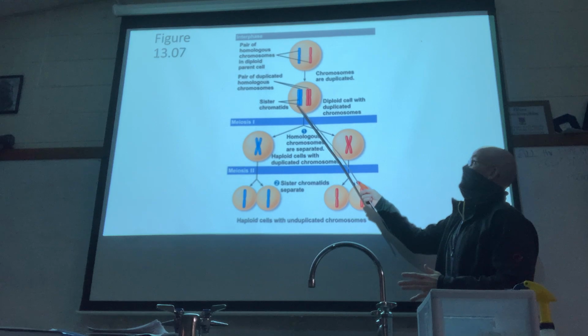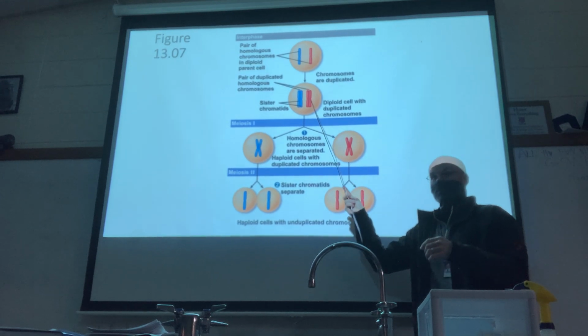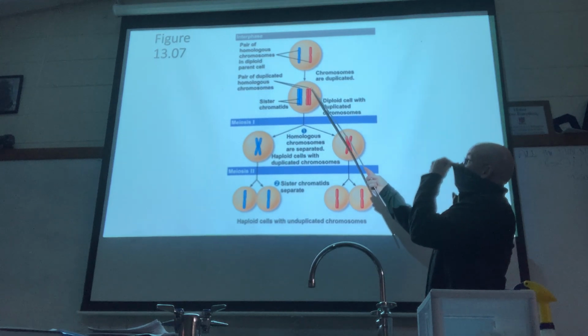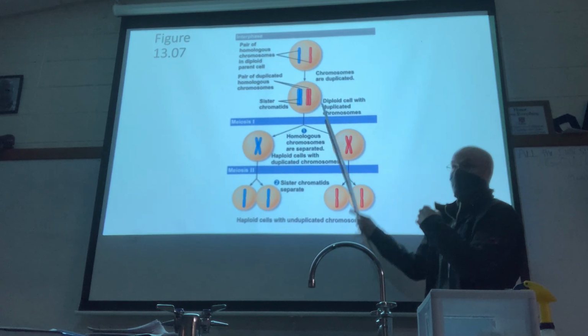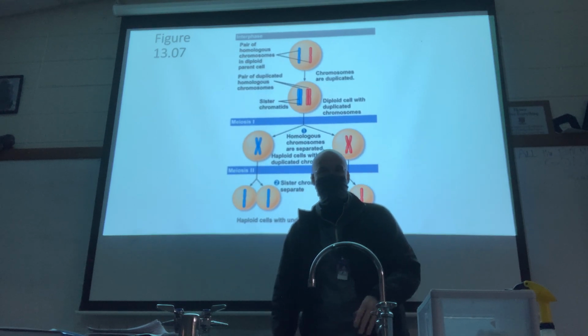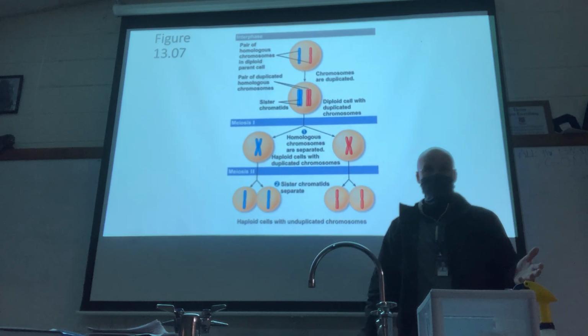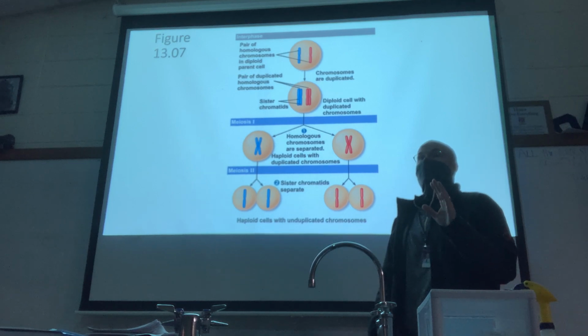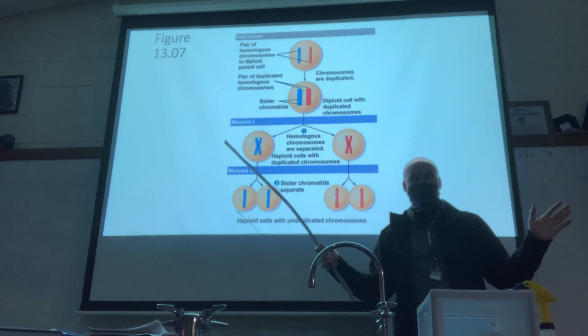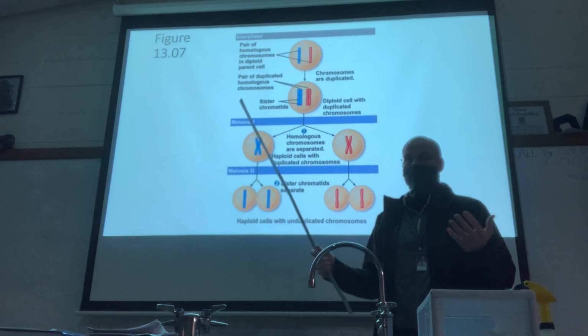But they have a matching chromosome that your other parent gave you, and that matching chromosome will also copy itself so that you have 2 sister chromatids for that chromosome. And that would be the case for all 46 chromosomes in this state. And that's no different than any other cell in any other situation during interphase.